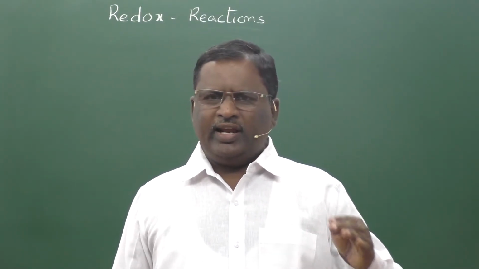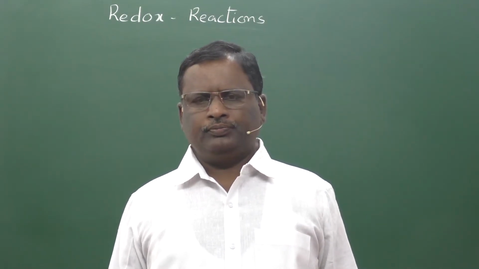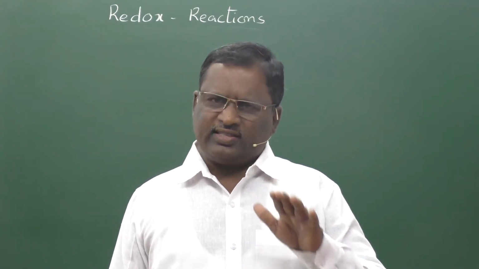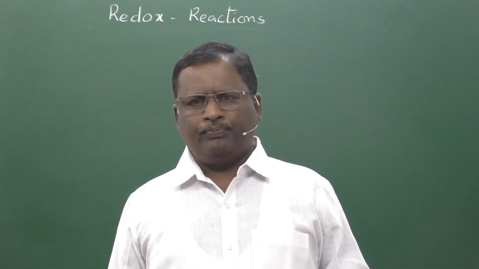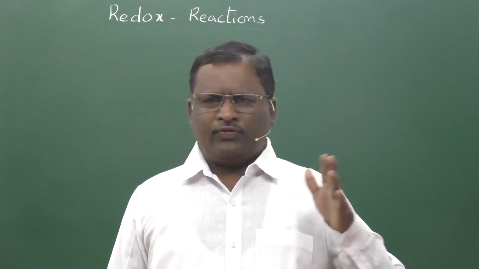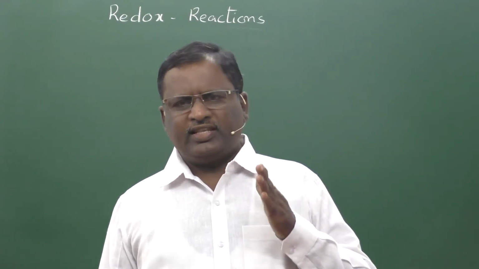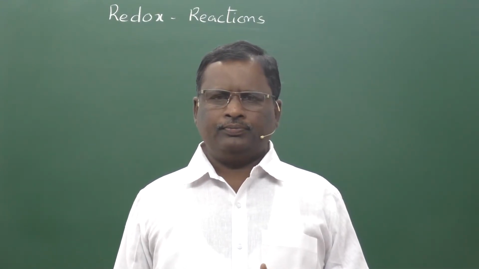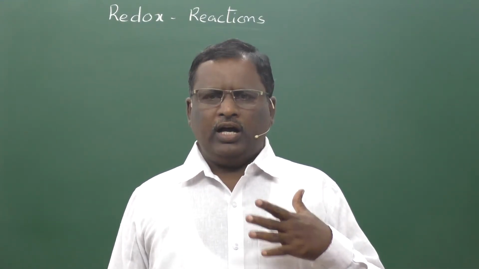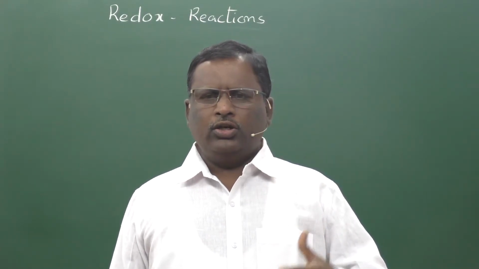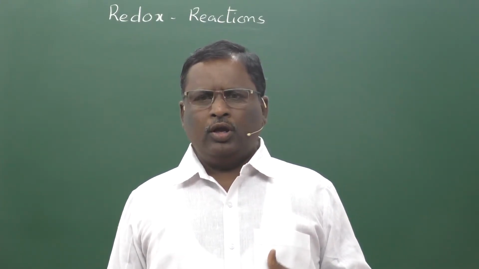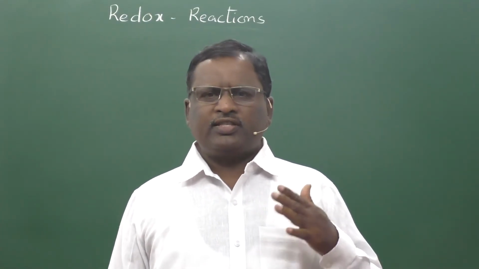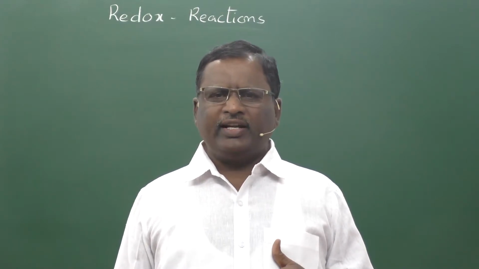So, in any redox reaction, if any ion's oxidation state is the same before and after the reaction, such ions are said to be spectator ions. It means the ions which are present during the chemical reaction, but do not undergo any change. Such ions are said to be spectator ions.